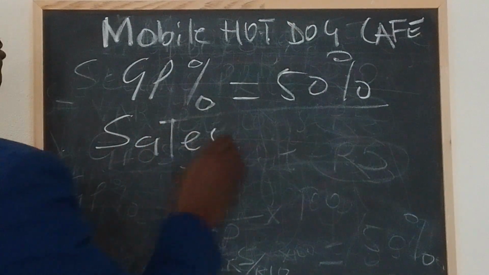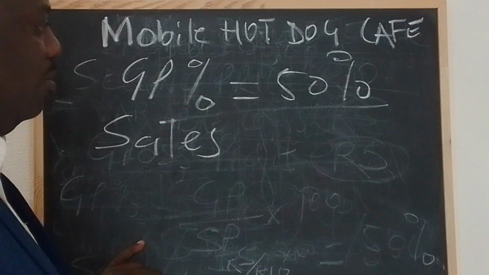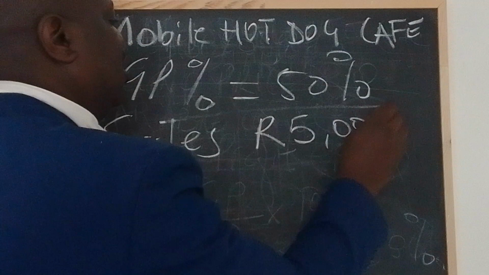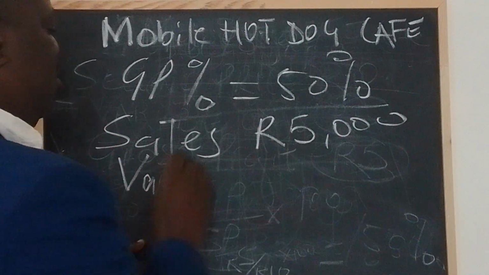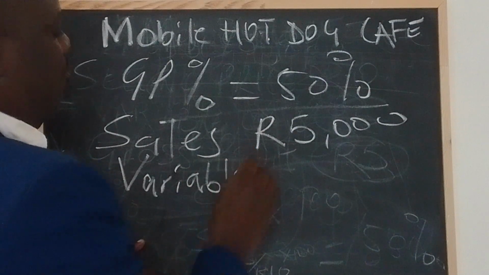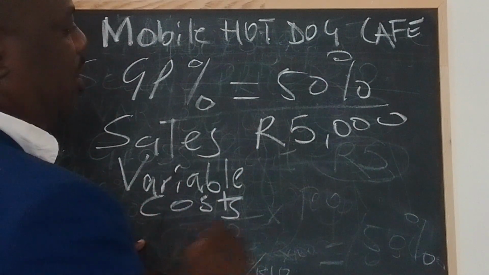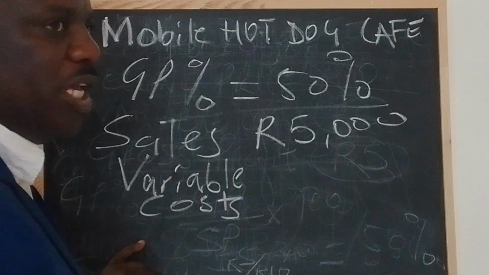If you sell 500 hot dogs, 500 multiplied by 10, you're selling it for 10 rands, don't forget, you'll get 5,000 rands. And then what will be your variable costs? When you are selling 500 units, it costs you 5 rands to make one hot dog.